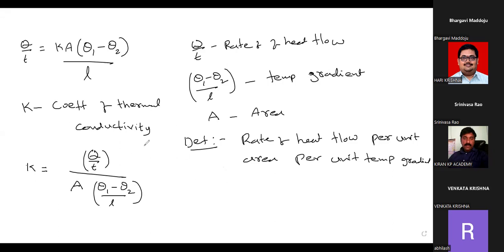Now next, in all cases this formula is not applicable. This expression is applicable only in case of steady state.